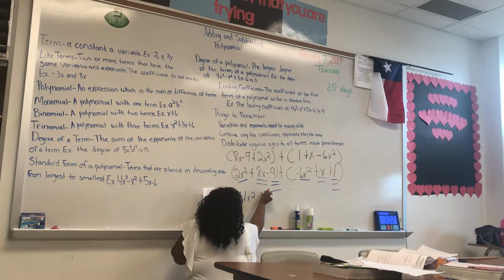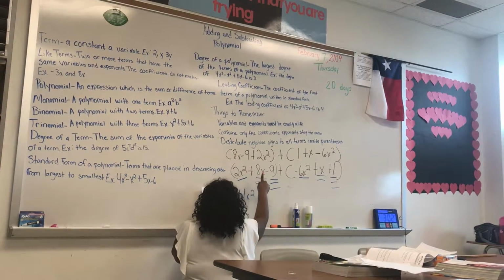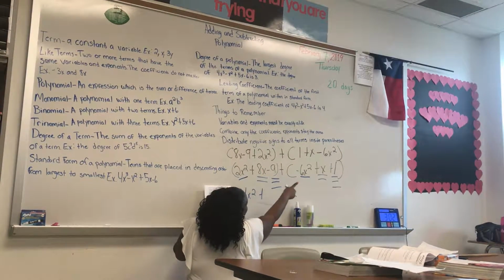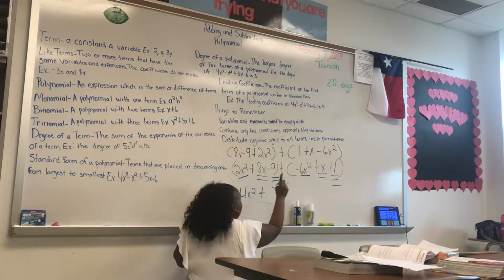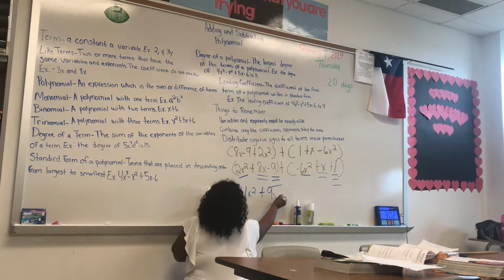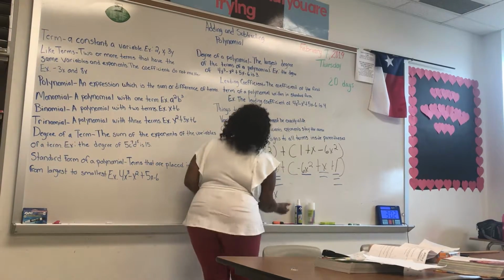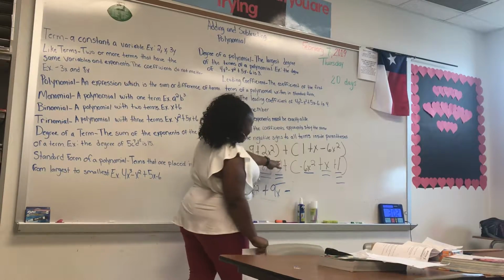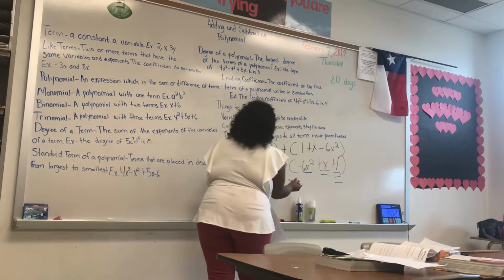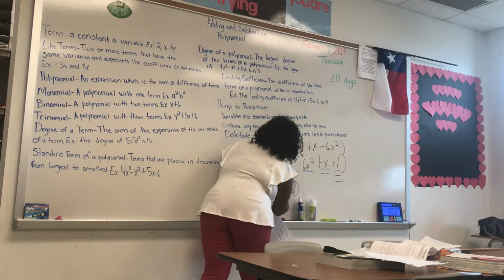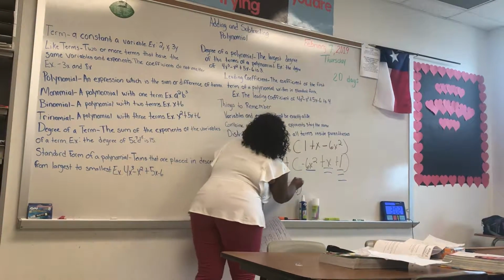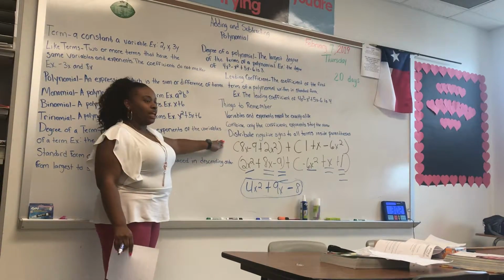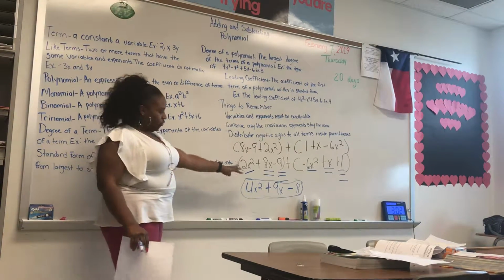And then I'm going to have my plus, because that's a plus, and 8x plus x. We know that in front of the x is a 1, and that's going to make it 9x. And then I'm going to have my minus sign, because negative 9 plus 1 will give me negative 8. And this will be our answer. It's the same way, but I just did it in horizontal form.